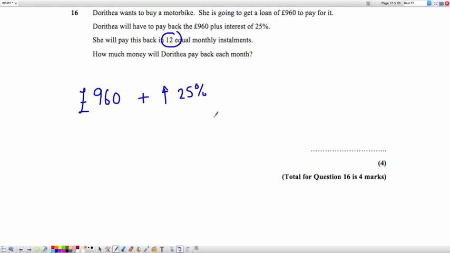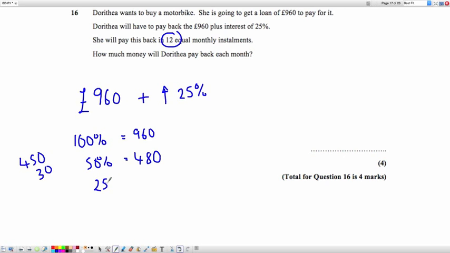So first off, we need to find the percentage that she's going to have to pay extra. Well, 100% is equal to the total, 960. So 50% will be half of that value. Half of 960: half of 900 is 450, half of 60 is 30. So altogether 480. Half that again to find 25% is £240.